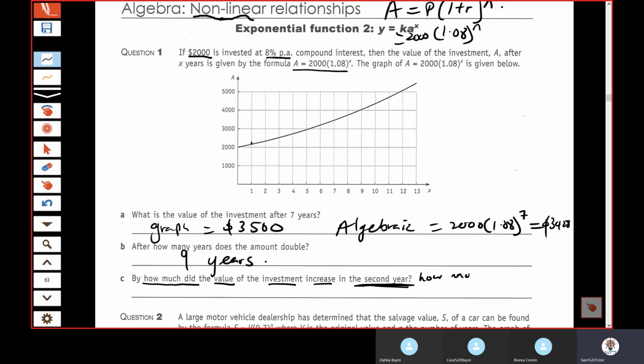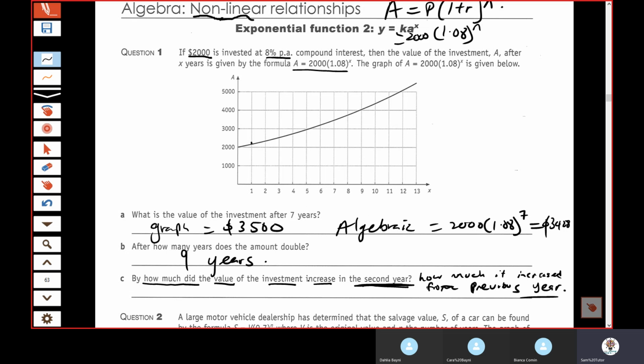How much it increased from previous year. But again, you can see that's pretty much the only way we can make the questions harder. Once you guys are good at it and understand the algebra, understand the graph, we can only make it harder by the wordings. It's not so much the math.